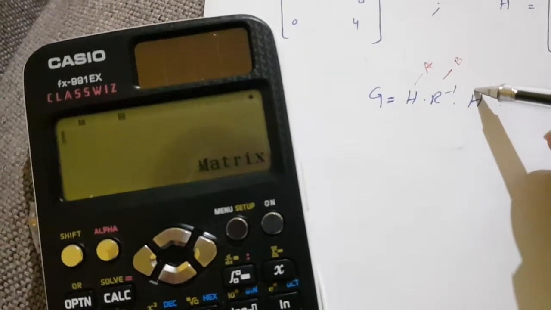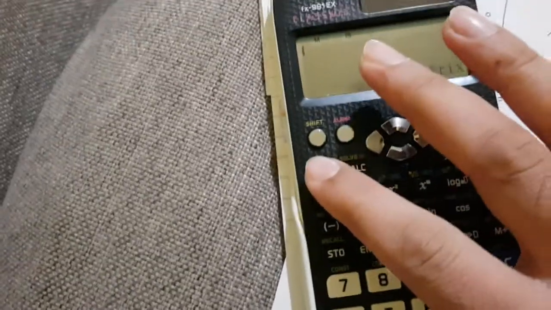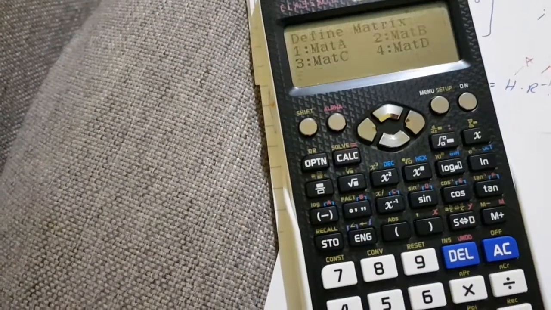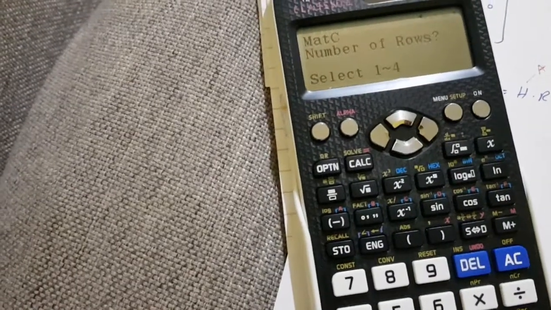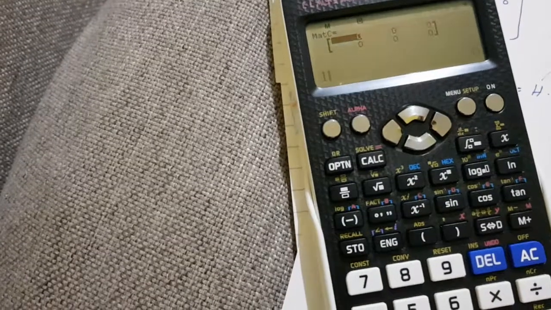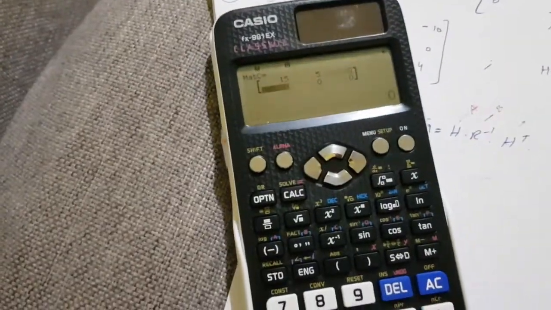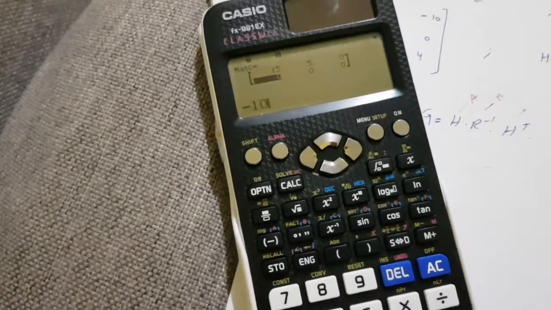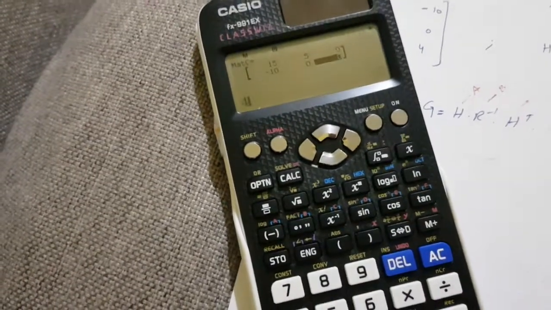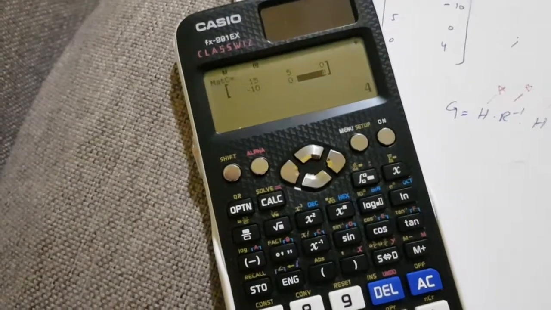Now we have to take the transpose, make it in C, because I have already taken. So option, define matrix 3, 2 cross 3. Okay, now we have fed this as C.